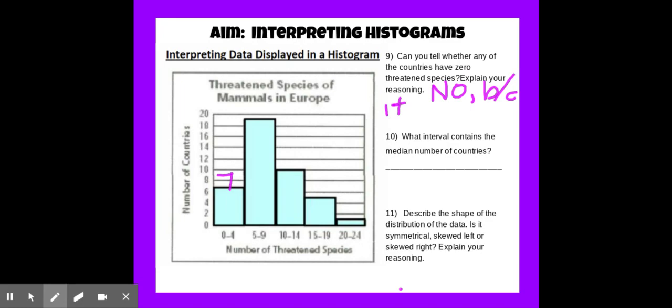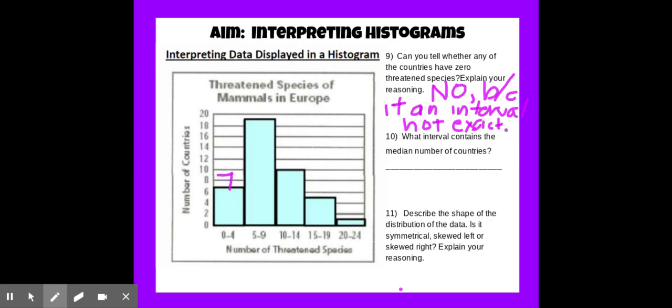So we're going to say no because it's an interval and not exact data. Now, I can't really write very well on this, so I apologize.